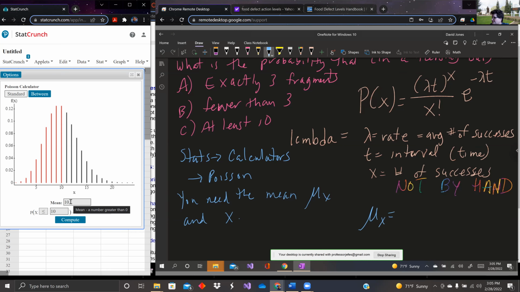Mu of X is lambda times T. And sigma X squared, or the standard deviation, is also easy. It's the square root of lambda T, or the square root of the mean.